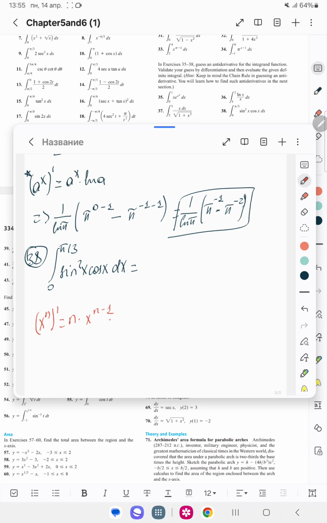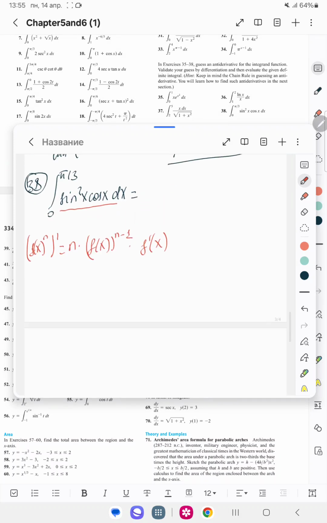And let's say not x to the n, but f of x to the n, a random function to the power of n: n times f of x to the n minus 1 times the derivative of that function.